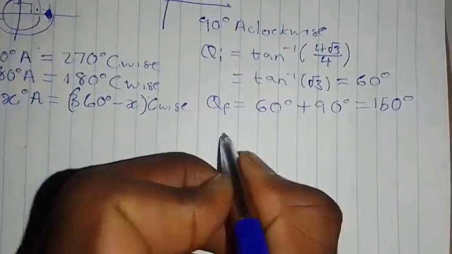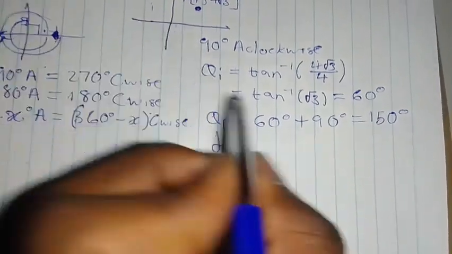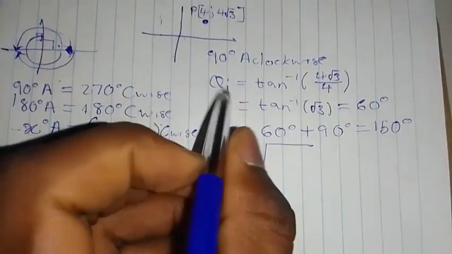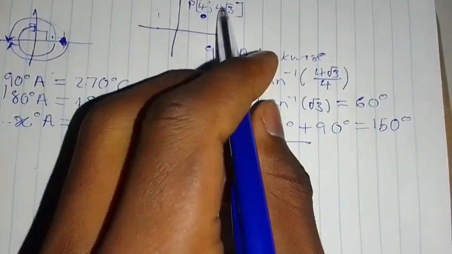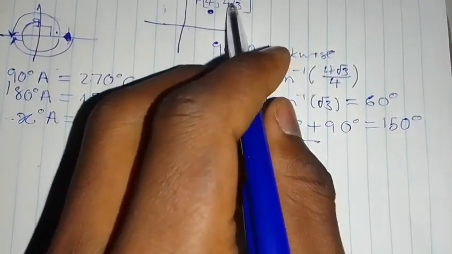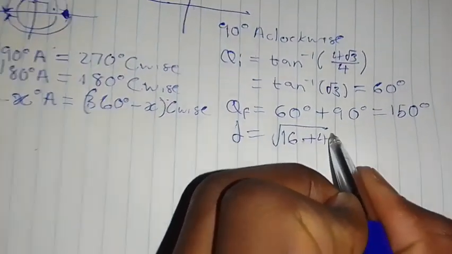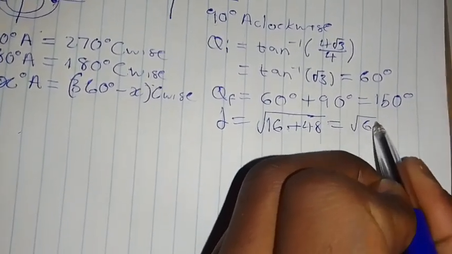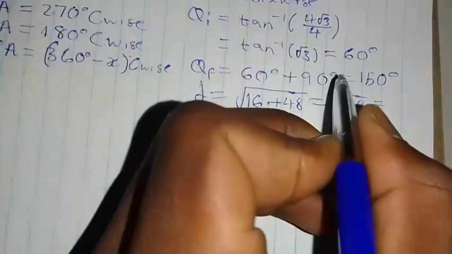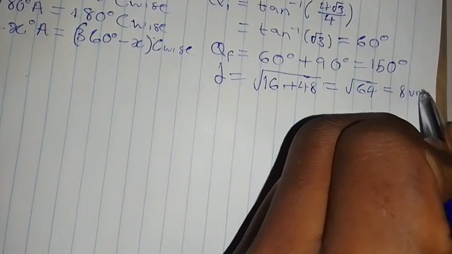Then you have to find the distance between this point and the origin. Xi is 4, and you square that, you get 16, and 4 root 3 squared is 16 times 3, that's 48. You add the two, then you get 64, and the square root of 64 is 8. Therefore the distance is 8 units.